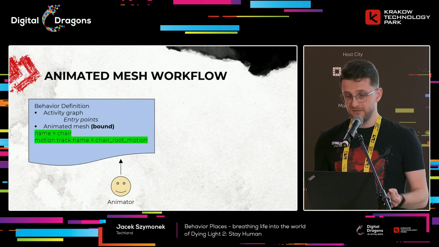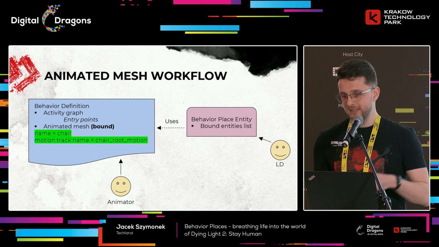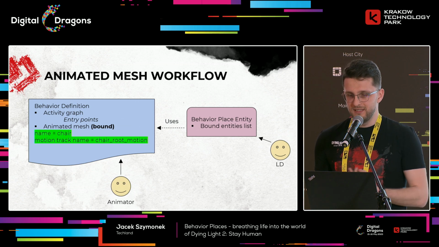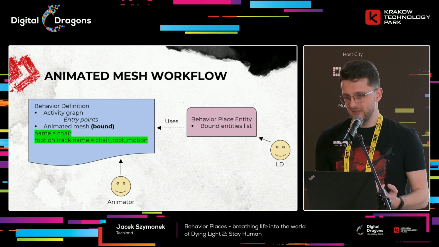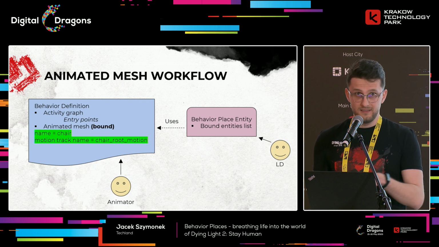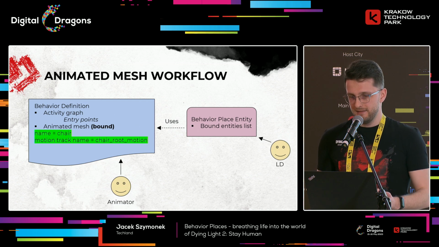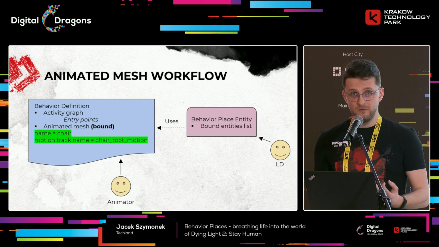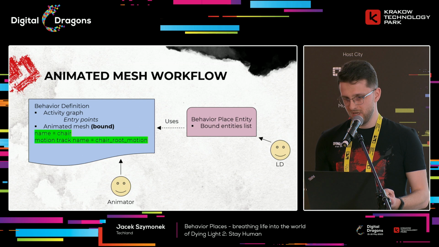But the second piece of information is given to us by level designers. Knowing that they also now know that they need a chair to animate properly, they must save a reference to the chair entity in a special list inside the behavior place entities, so one entity knows about the other. And when the character executes behavior, we simply use those both sources of information.